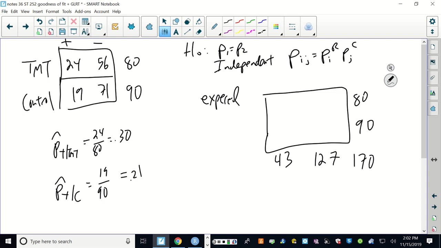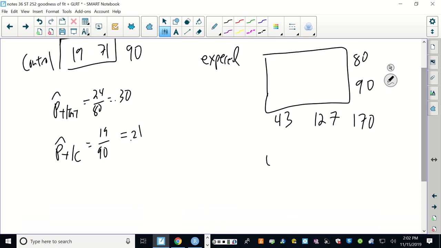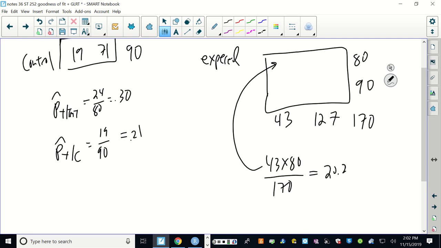So we get those margins, and so, for instance, the expected value over there, we would take the 43 times 80 over 170, and that'll give us how many we would expect there under independence. That's 20.24.